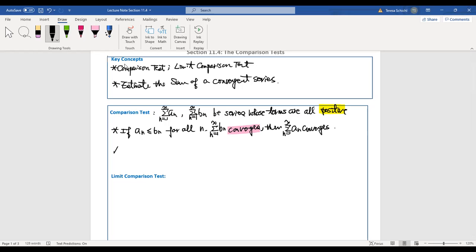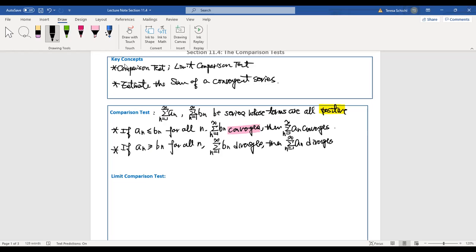Next, if an is greater than or equal to bn for all n, and the sum from n equals 1 to infinity of bn diverges, then we know the series of an diverges.